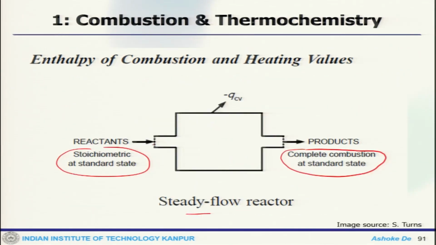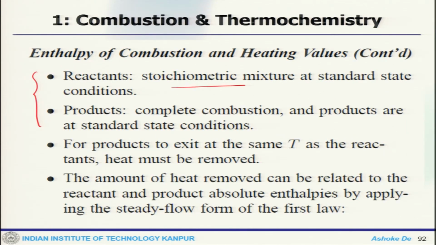Because the reactants are coming in at standard state and the products are also going out at standard state, the temperature is the same, but there is a combustion taking place here, and when combustion takes place, a certain amount of heat is produced. That should be removed from the system to maintain it.